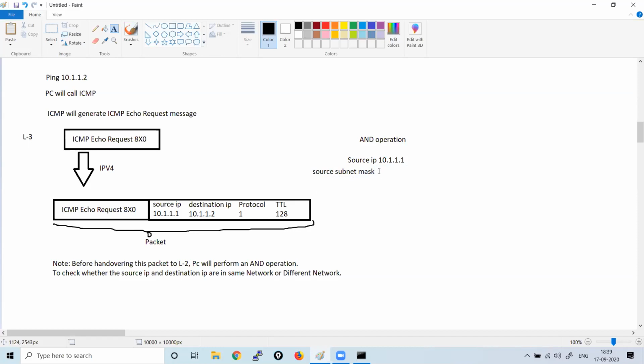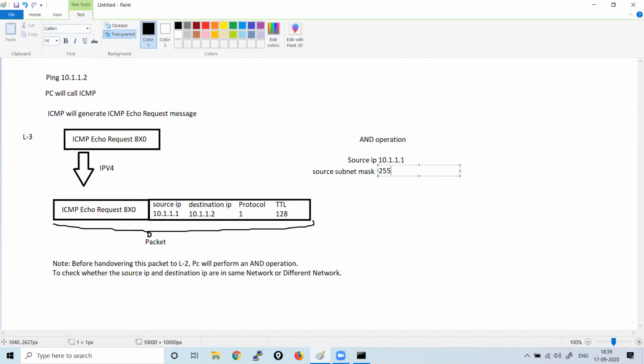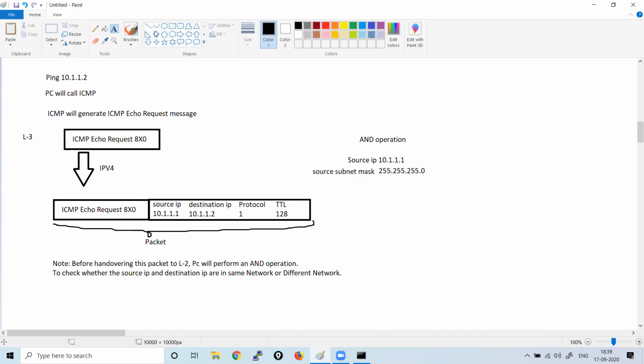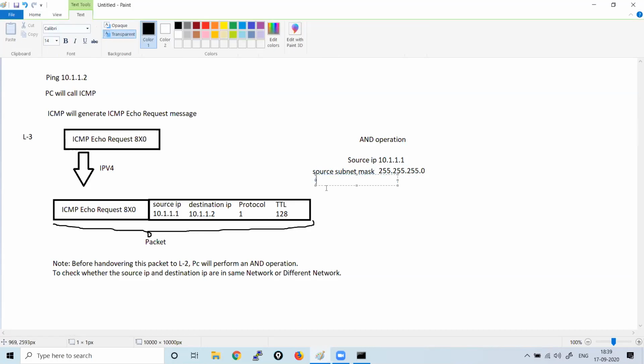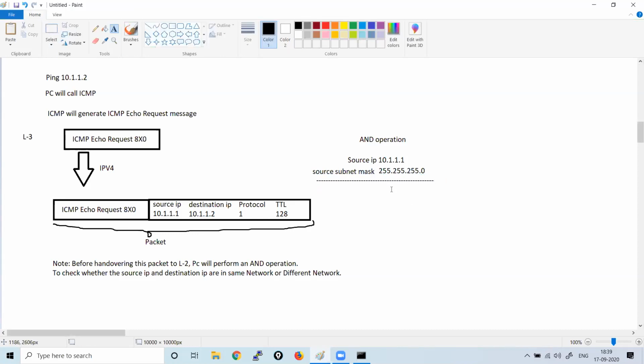What is that source subnet mask? /24 means this value, 0. Okay. The output which will come is... What is AND operation?